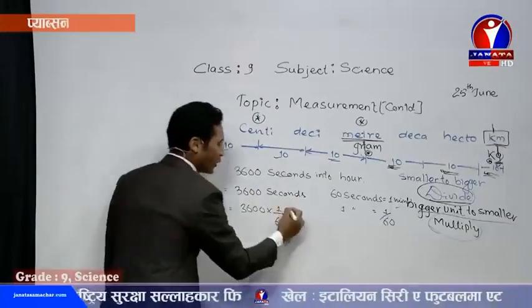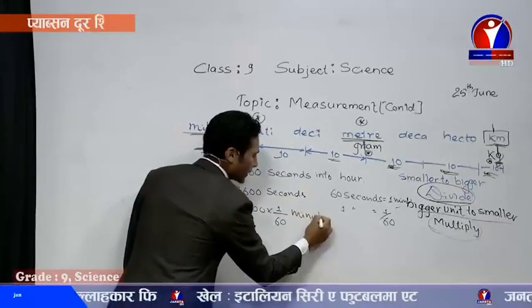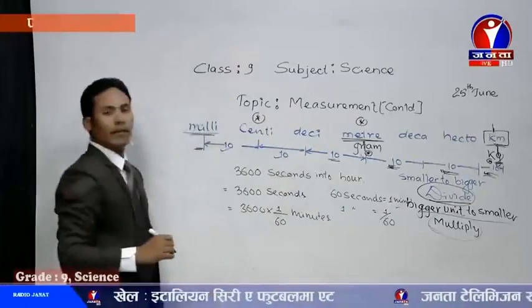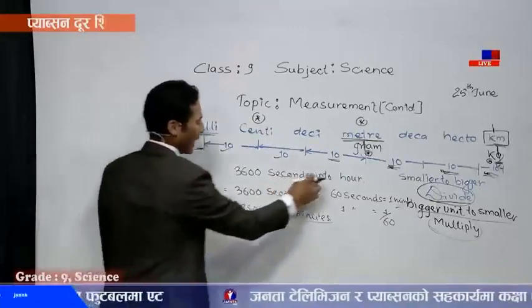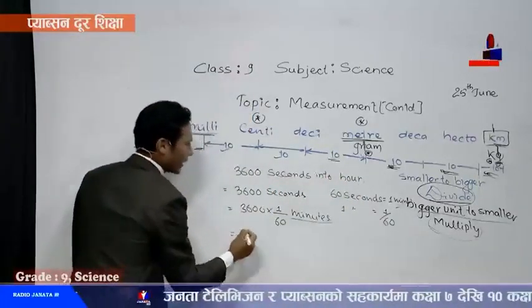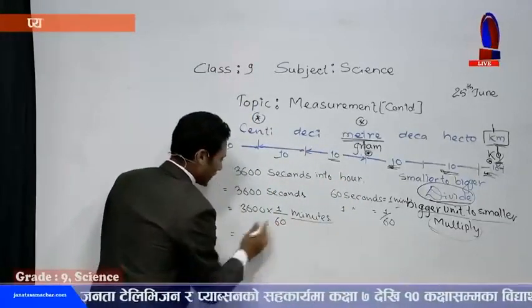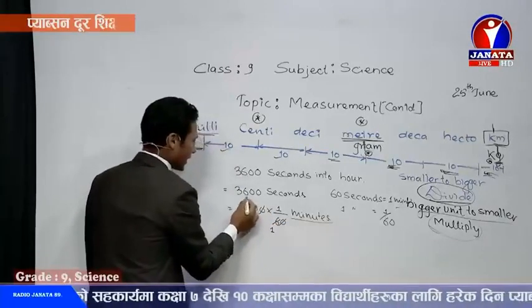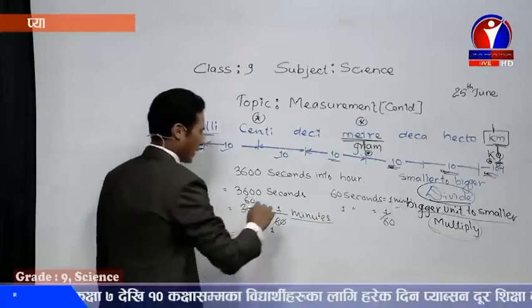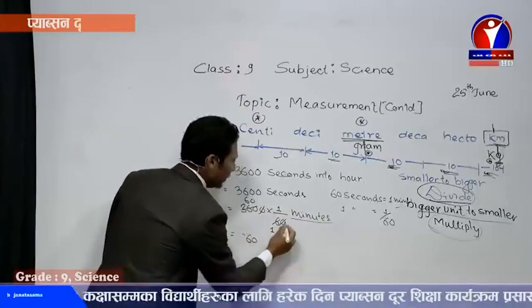Now this second will change into minutes. Let's simplify this. This 0 cancels, 6 times 6 is 36. So it is 60 minutes.